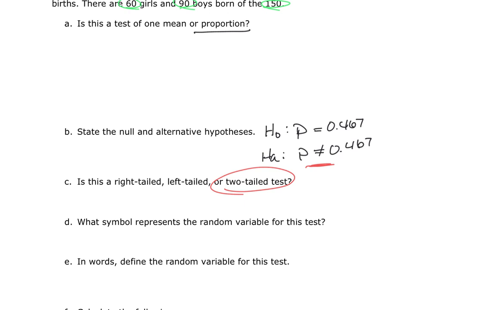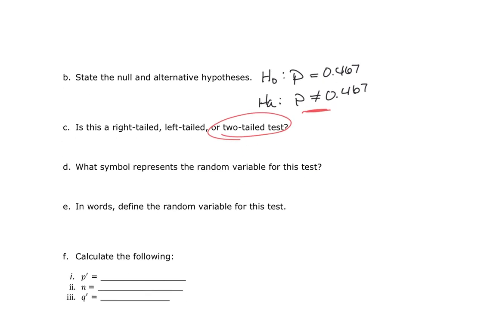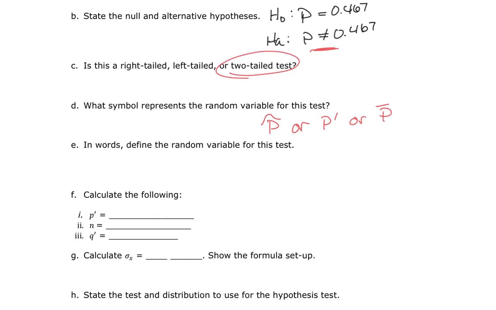What is the symbol I'm going to be using for my random variable that I'm testing? I am testing p hat or p prime or p bar. I am looking at the sample proportion. So that's why I have p hat, p prime, or p bar. So what is it?